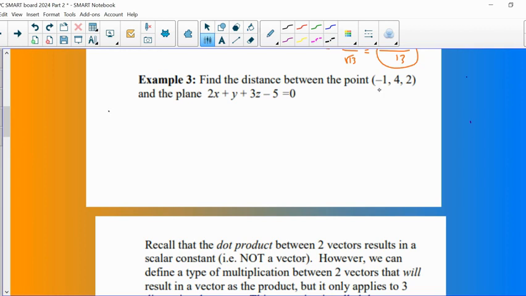So your point now is an x, a y, and a z, and your plane in general linear equation is an a, b, c, and then also a d. So when we get our formula for distance, it'll be the absolute value of ax plus by plus cz plus d divided by the square root of a squared plus b squared plus c squared.